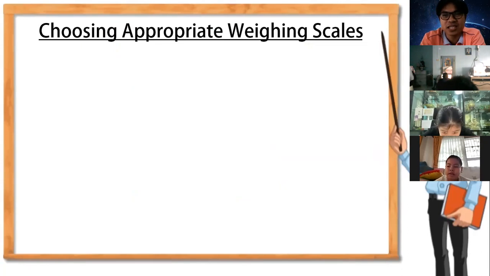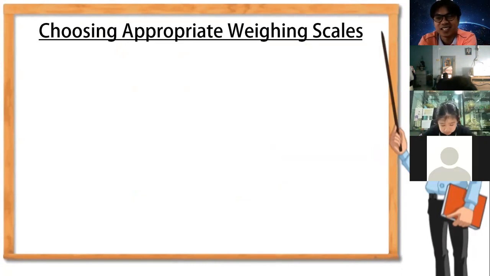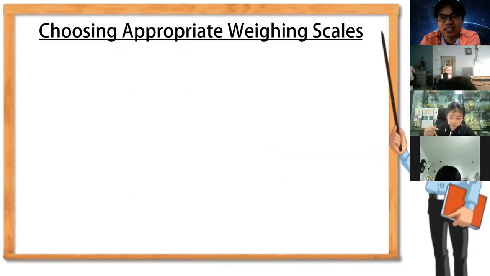Choosing appropriate weighing scales: every weighing scale has appropriate objects to measure. We cannot use the same weighing scale all the time to measure different kinds of objects.